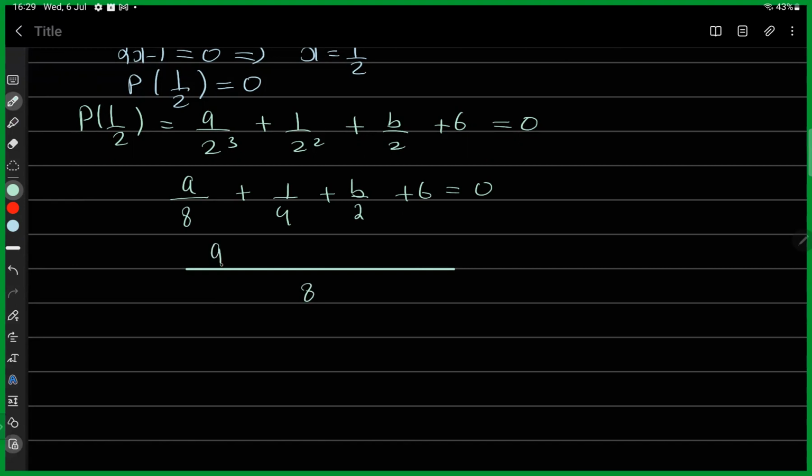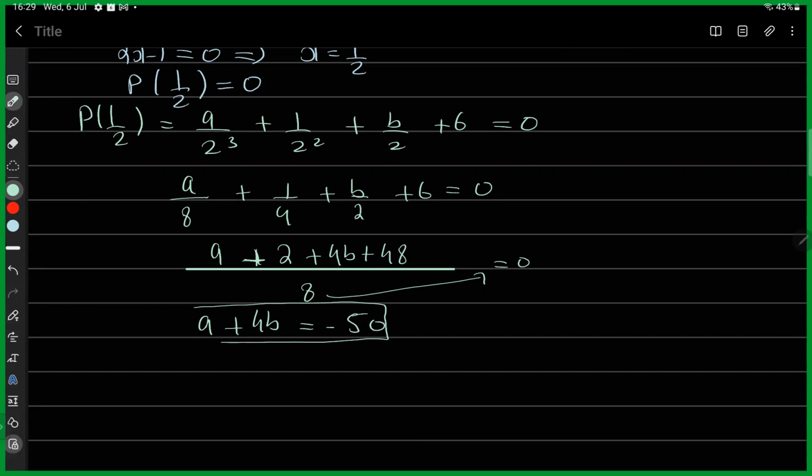It would give you a plus 2 plus 4b plus 48 equals 0. Taking this 8 on the other side, we get 0, and this would give you a plus 4b equals minus 50. So this is basically equation number 1.